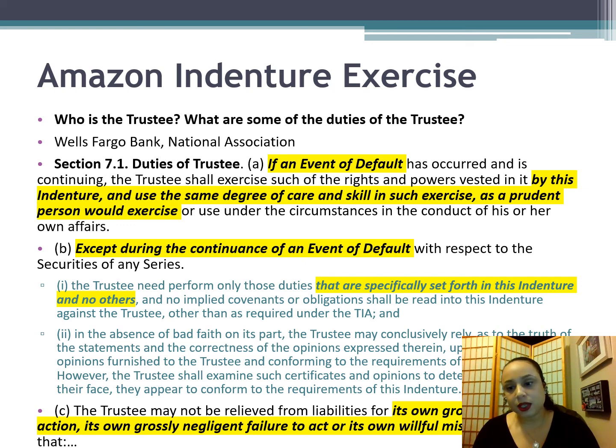Many aspects of the TIA are default provisions. However, there are certain core aspects that cannot be contracted around. Okay.